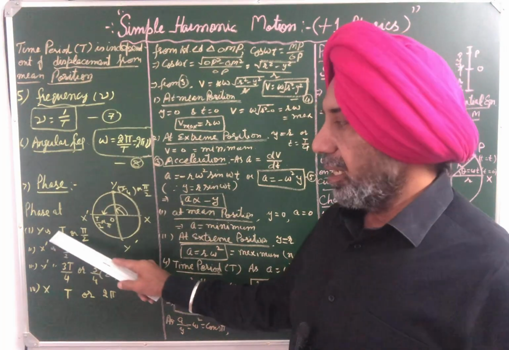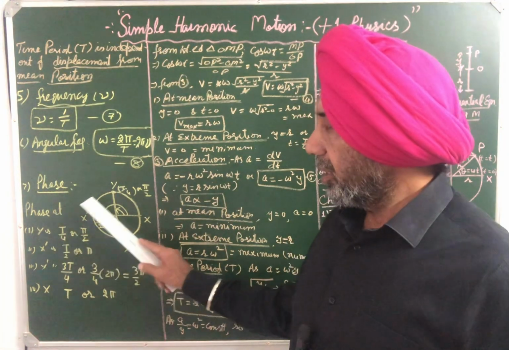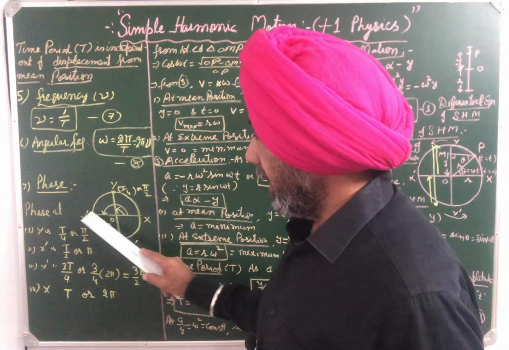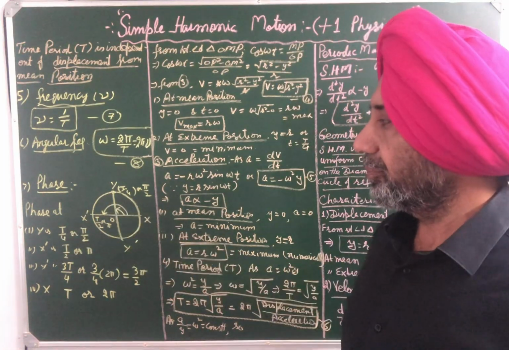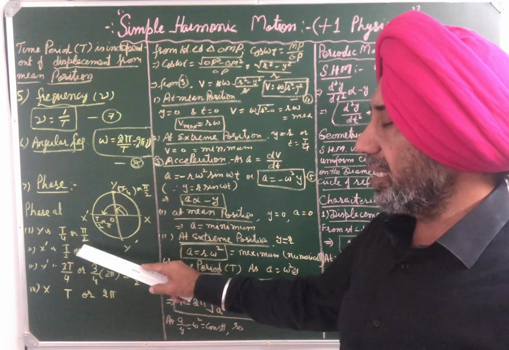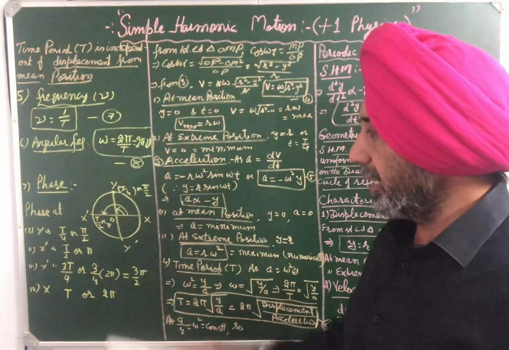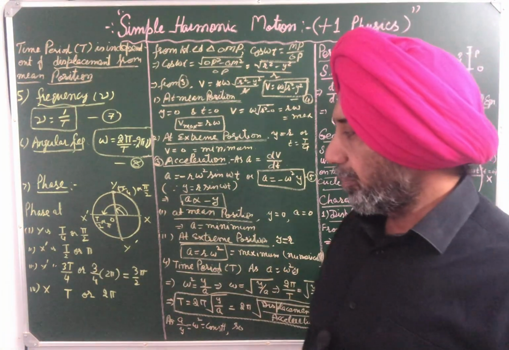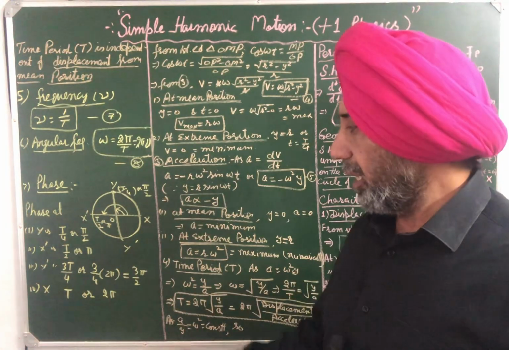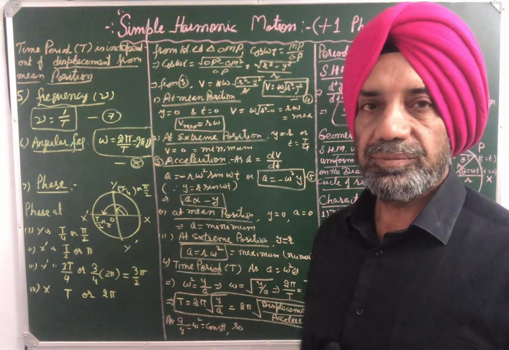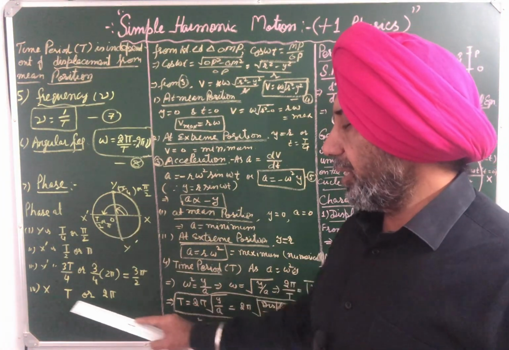At x dash it will be half of T, that is T by 2 or half of 2 pi, that is pi. Similarly at y dash it will be 3T by 4, 3/4 of T or 3/4 of 2 pi, and at x again it will be T or 2 pi.